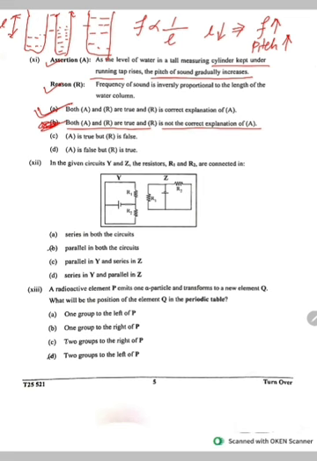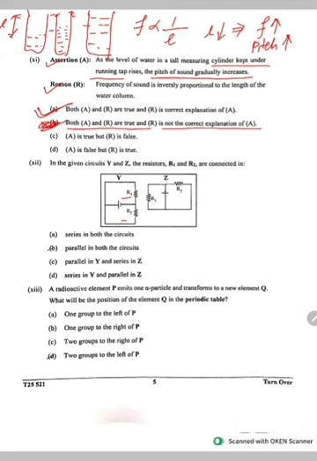Okay, now come to question number 12. In question number 12, they have given two diagrams, Y and Z. There are two circuits Y and Z, and there are two resistances R1 and R2 connected in them.